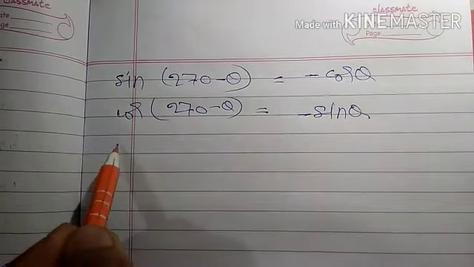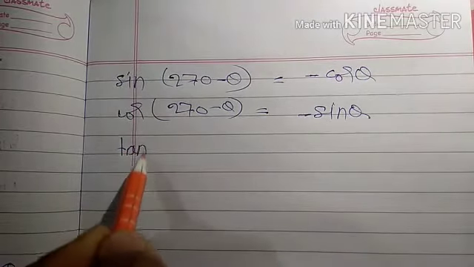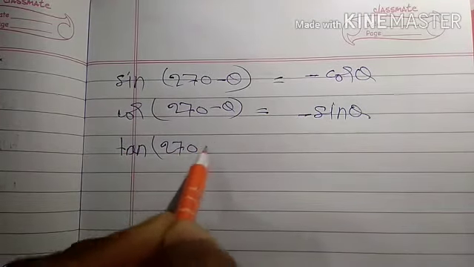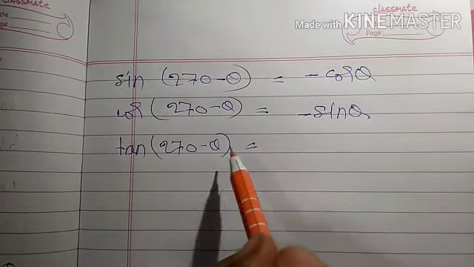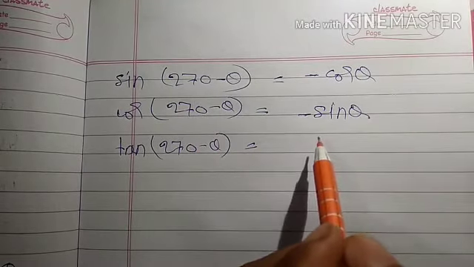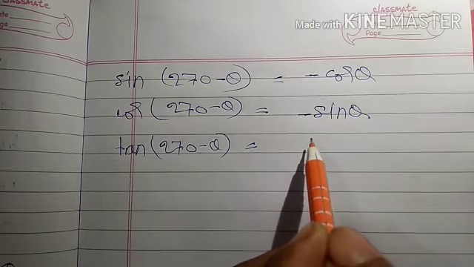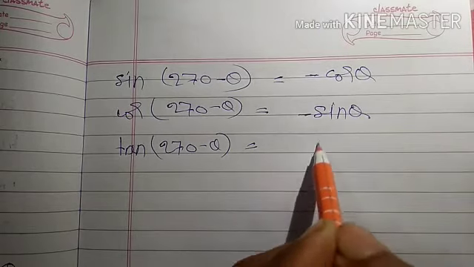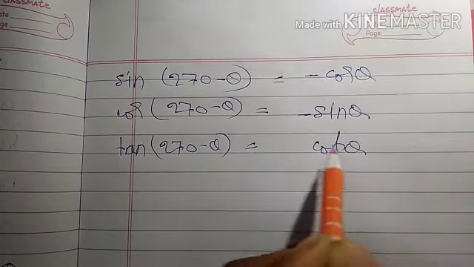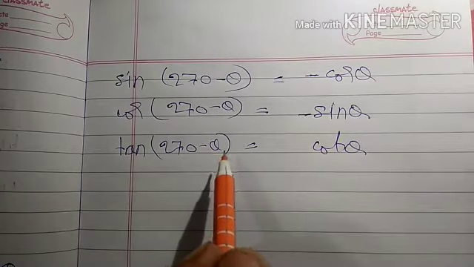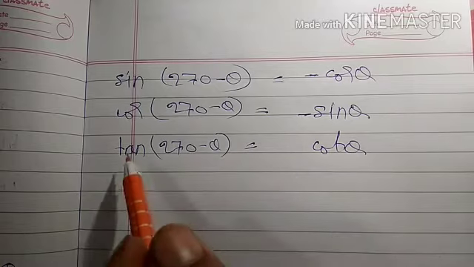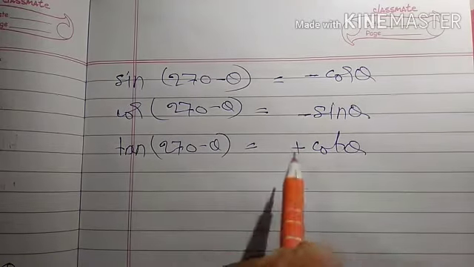So next is tan(270 − θ): functions change is allowed, so tan θ changes to cot θ. 270 minus θ is in the third quadrant, only tan θ and cot θ are positive, so tan θ is positive.